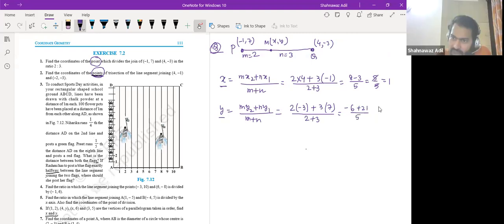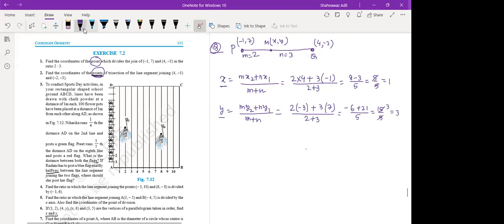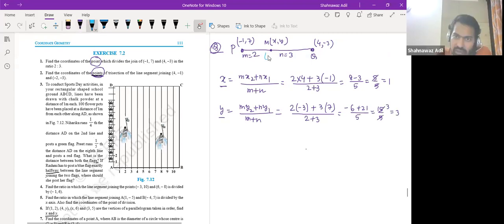So this is 15 by 5, which is 3. So what are the coordinates that we get? This is 1 comma 3, right? Please note it down, and then we'll do the second question.